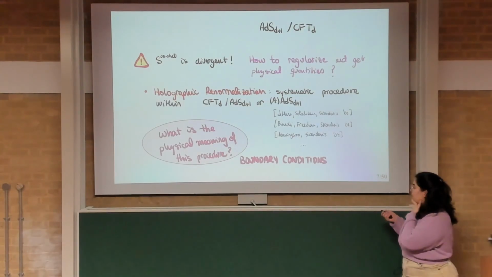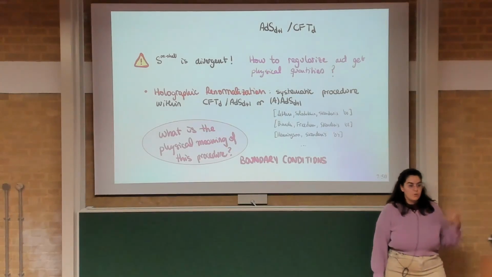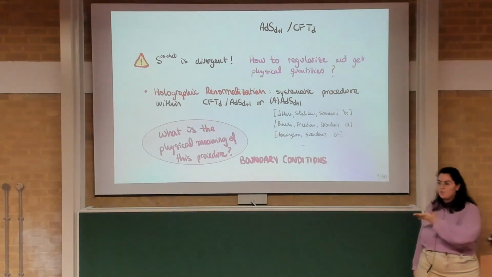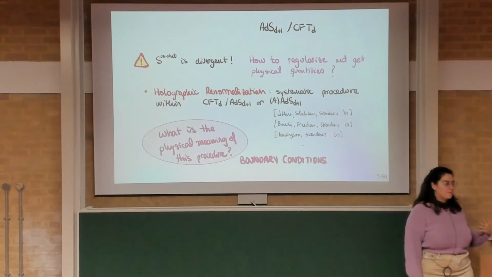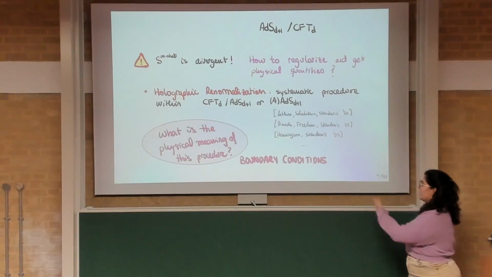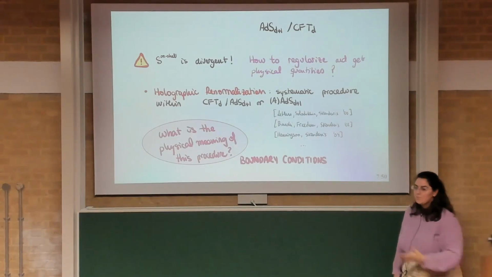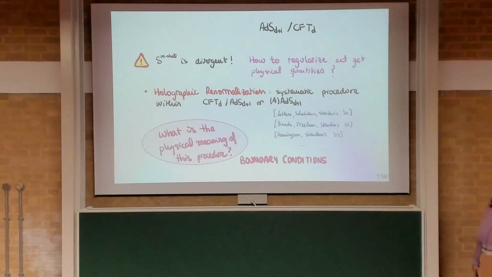And there was also work in understanding what is the physical meaning of this procedure. So the same way as we understand renormalization in quantum field theory as something that is physical and that we don't do just because we don't like infinities, it is also understood in AdS/CFT how these boundary terms are related to the boundary conditions of the fields in AdS.